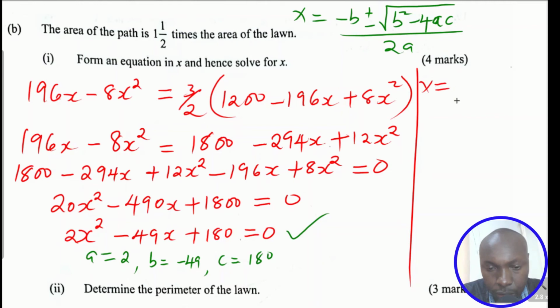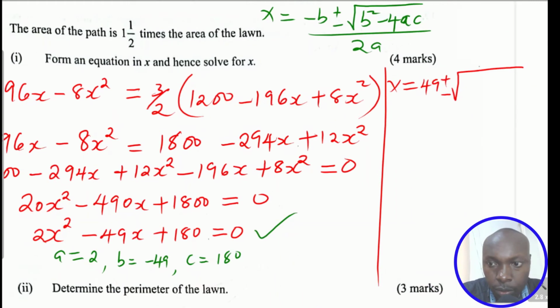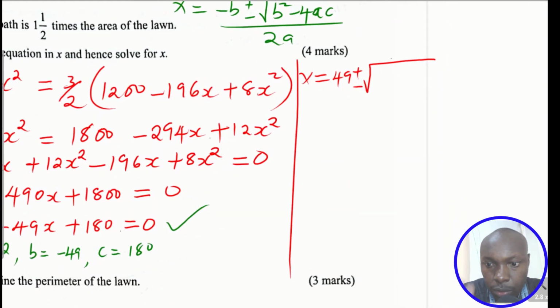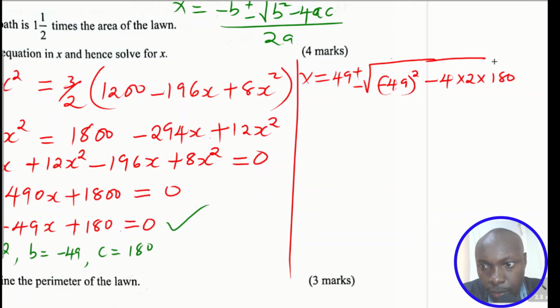So x is equal to negative b, which gives 49, plus or minus, then b squared is negative 49 squared, minus 4 multiplied by a, which is 2, and c is 180.